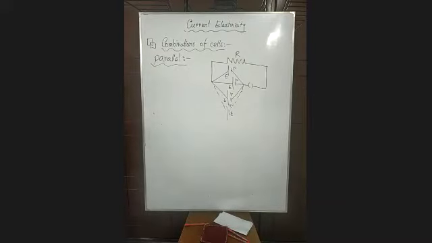Okay, I will repeat the sentence again. In parallel combination, one of the total cells is active during flowing current through the circuit.